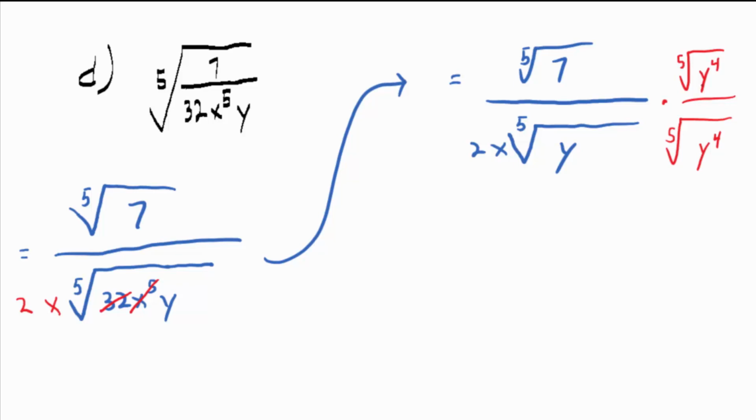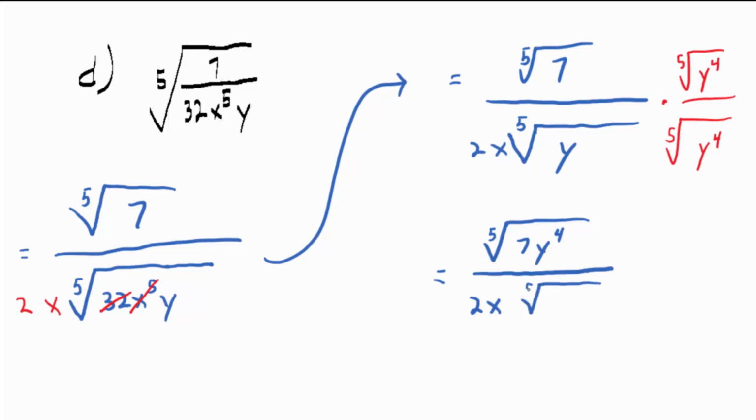And I'm going to show that step. So we get, on top, what do we get? Just one big fifth root of 7y to the fourth. We cannot simplify that any further because you have no perfect fifth power factors in that radicand. So we're done there. Then on the bottom we have the 2, we're multiplying straight across. 2x, and then the fifth root of y times the fifth root of y to the fourth.